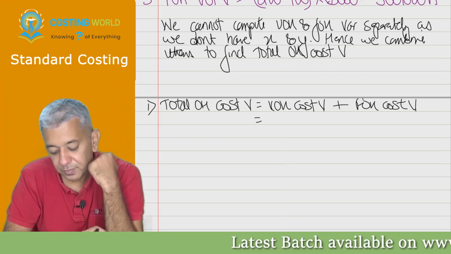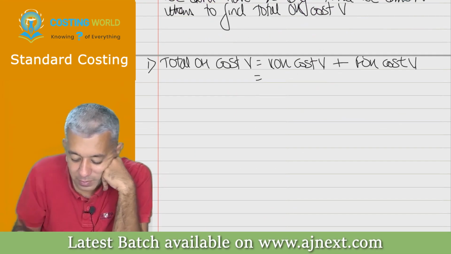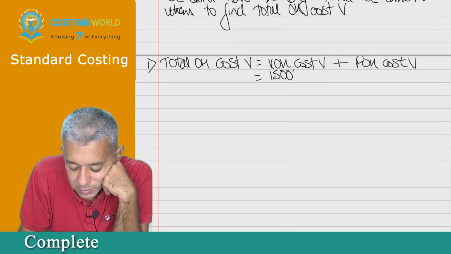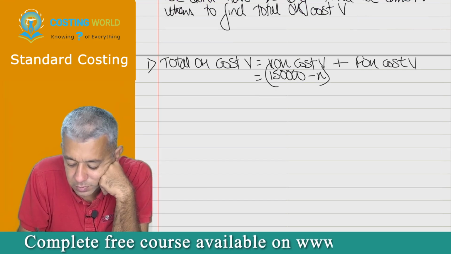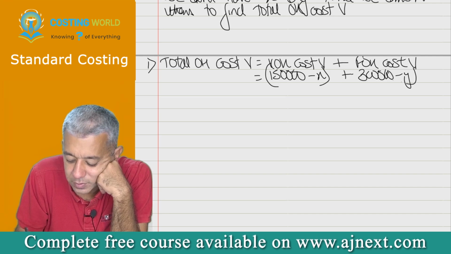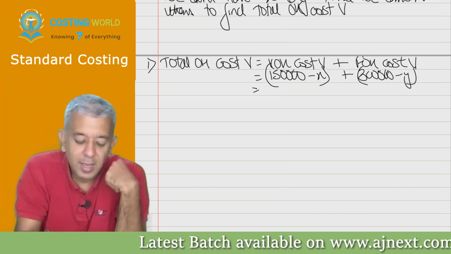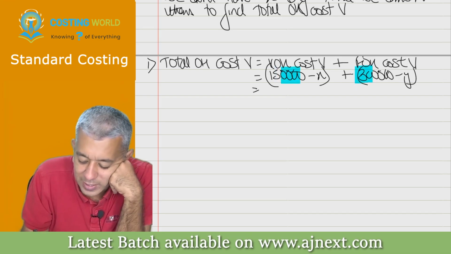Okay. Variable overhead cost variance was 1,50,000 minus X. Fixed overheads was 3 lakh minus Y. Hence, we all merge their standards.